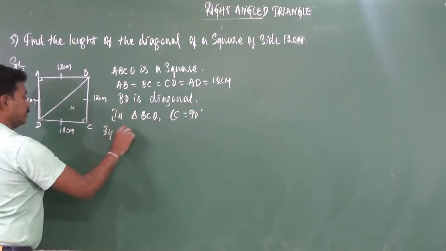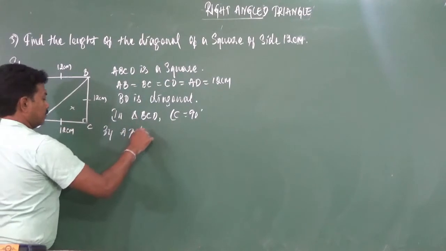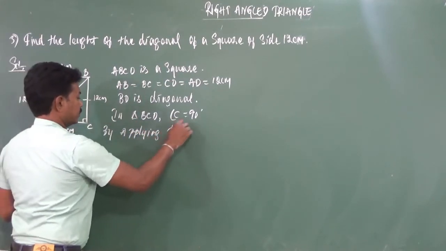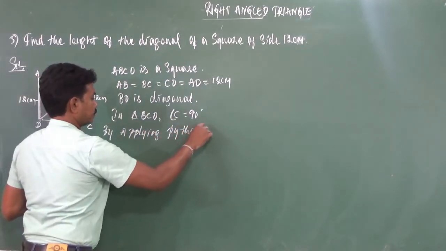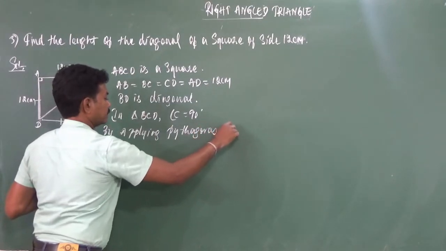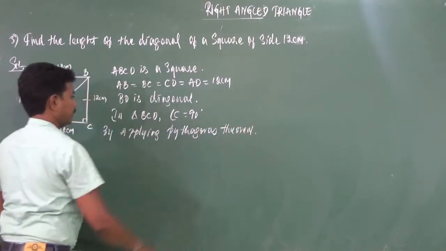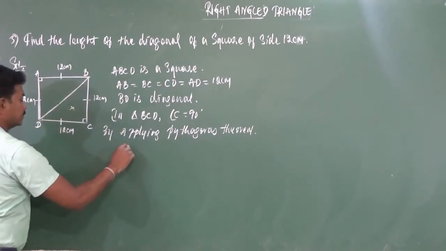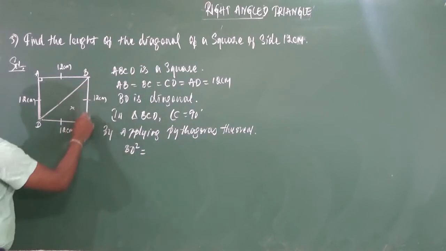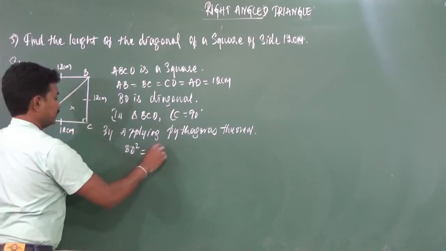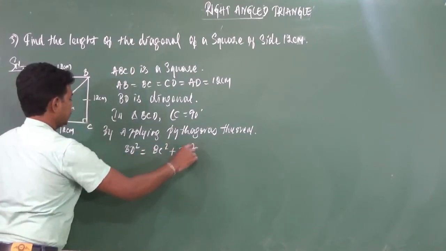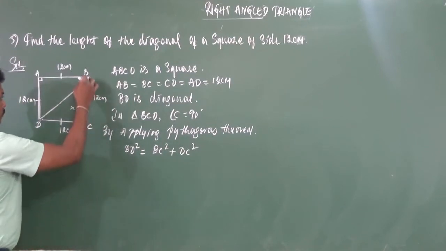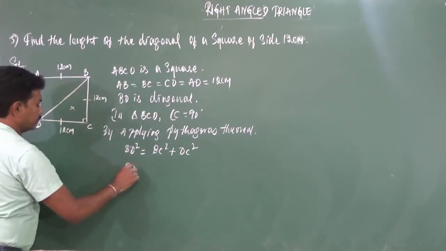So by applying Pythagoras theorem, very simple, right? Opposite to the right angle is the hypotenuse, that is, BD square is equal to BC square plus BC square. BD square is unknown, we will have to find it out.